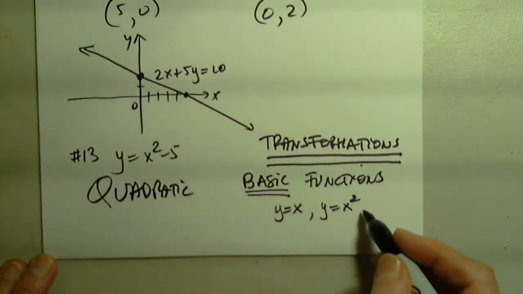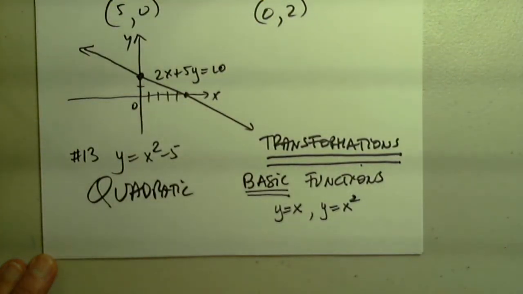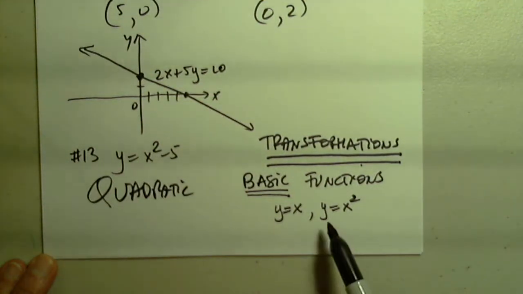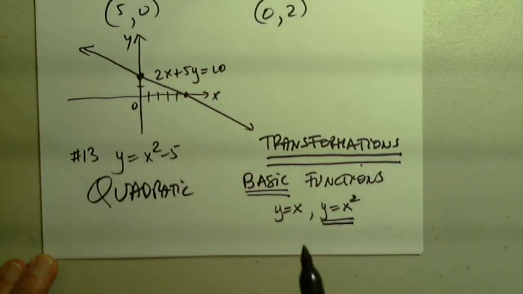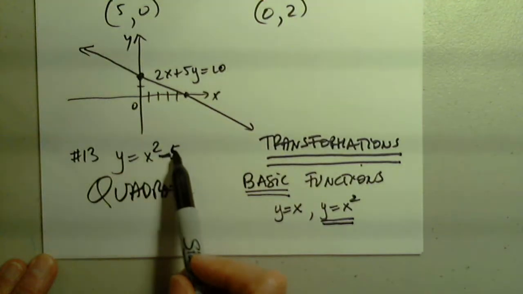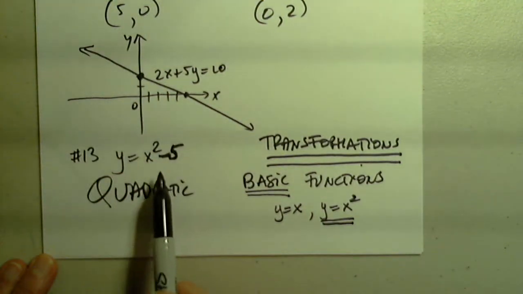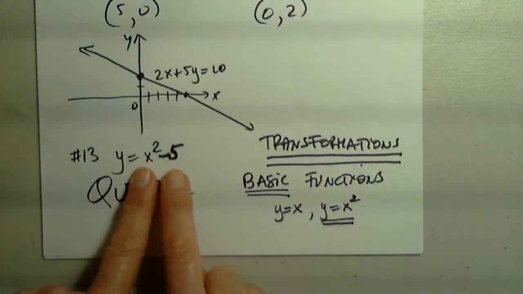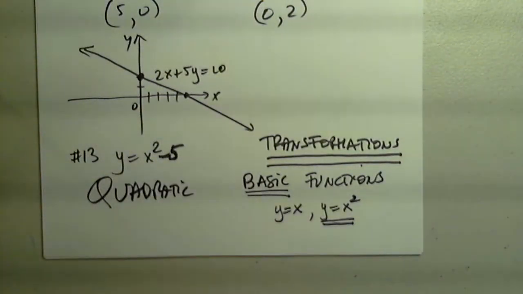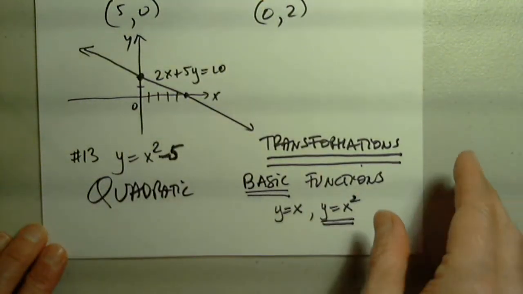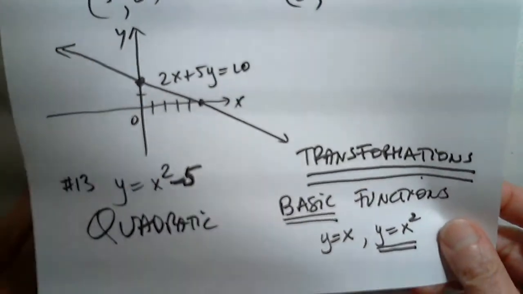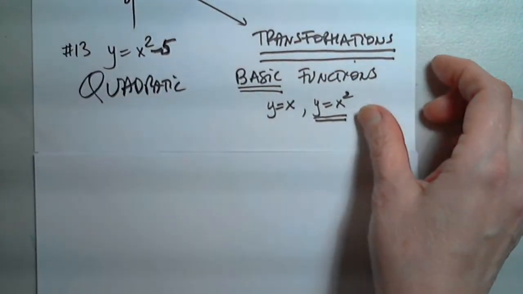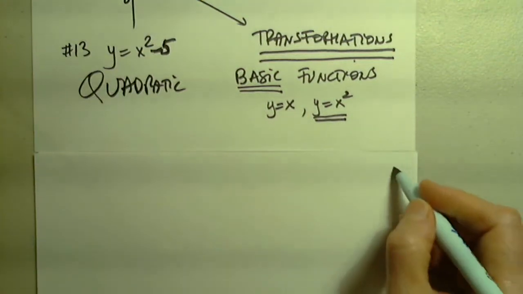And so on and so forth. 1 over x, the simplest rational, and so on. So if I know how to graph this, can anyone tell us what transformation will be x squared minus 5? It's 5 down. Exactly. From the x squared, we subtract 5 units. Excellent. Who was that? Brandon. Brandon, thank you. Good.